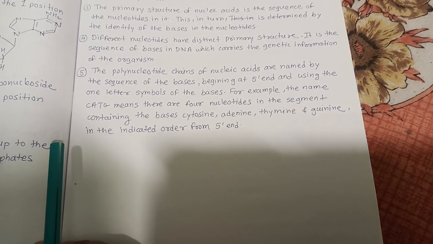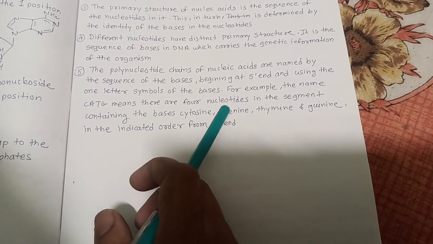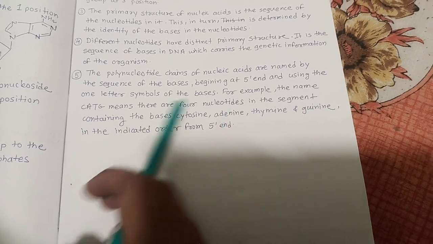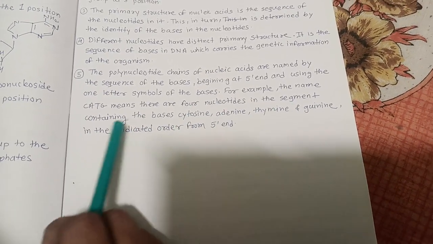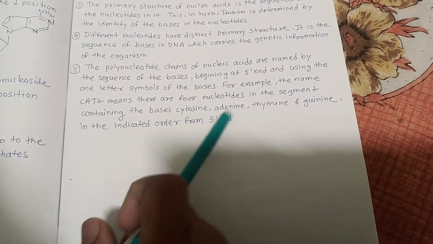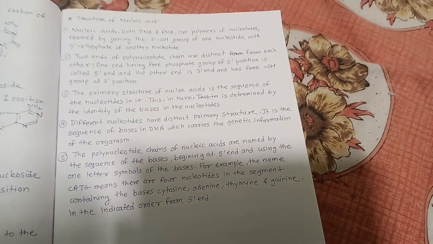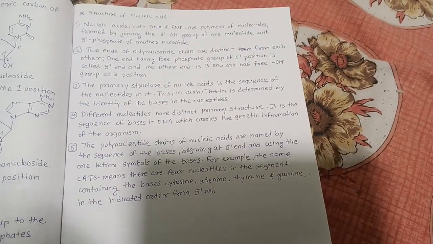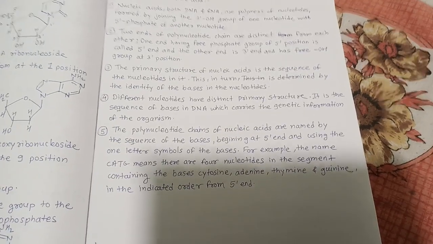For example, the name CATG means that there are 4 nucleotides in the segment containing the bases cytosine, adenine, thymine and guanine in the indicated order from 5' end. So that's how these are the few points from structure of nucleic acid. So we'll stop here. Thanks for watching the video.